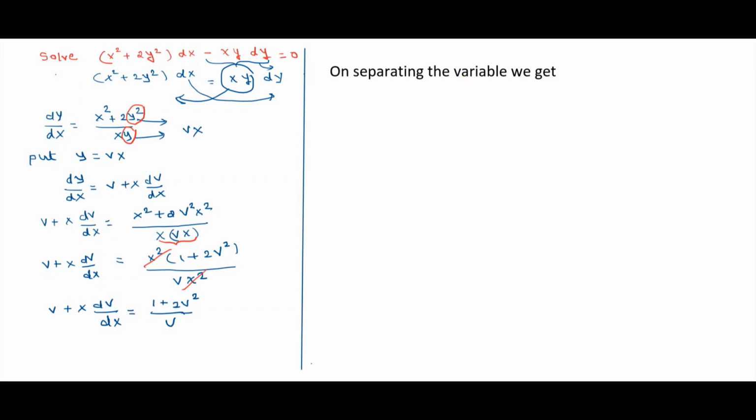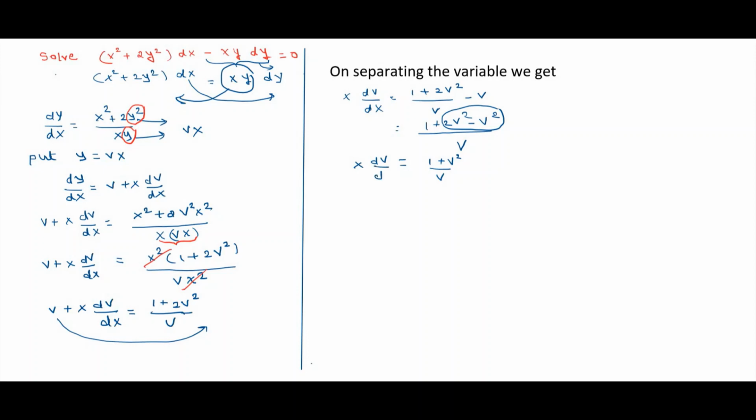To separate the variables, first transpose this v to the right hand side. 1 plus this 2v square and minus v square. 2v square minus v square is equal to plus v square divided by v. Left hand side we have x into dv by dx.